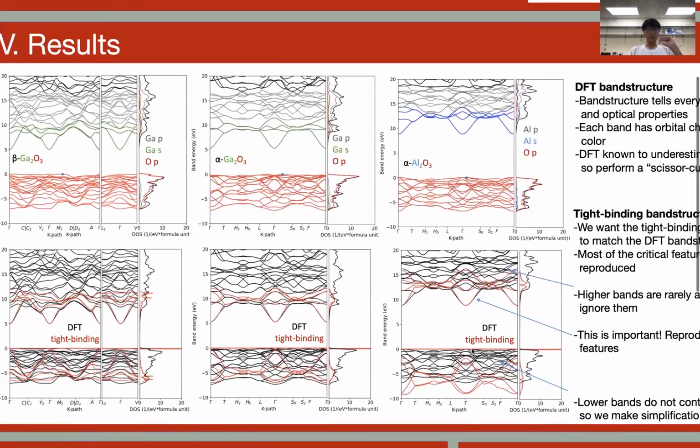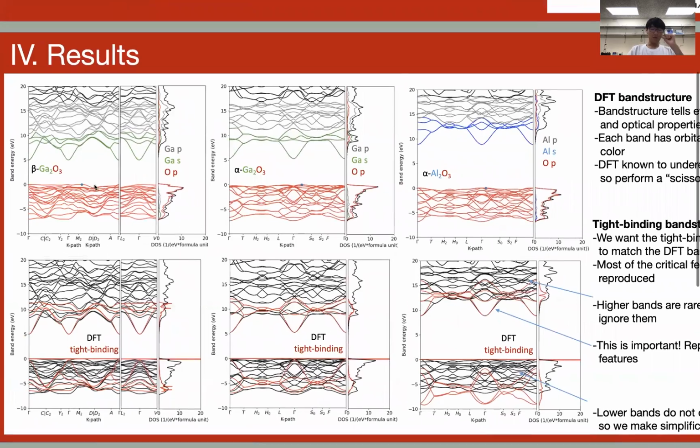All right, let's see some results. In the first row, I'm plotting the DFT band structure of the 3 materials, and band structure is basically equivalent to electrical and optical structures and properties. And I am labeling different bands with different colors because they correspond to different atoms and different orbitals.